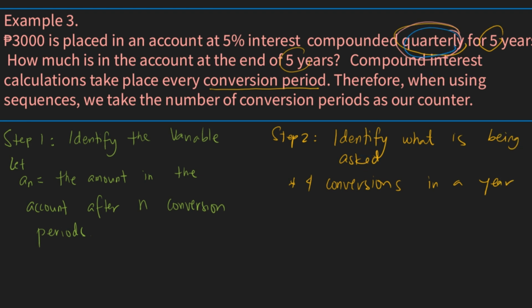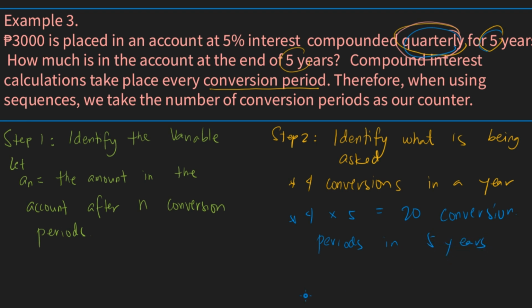Okay, but in this example, we will be having 4 conversions for 5 years. So what is that? 4 conversions multiplied by 5 years, we have 20 conversion periods in 5 years.